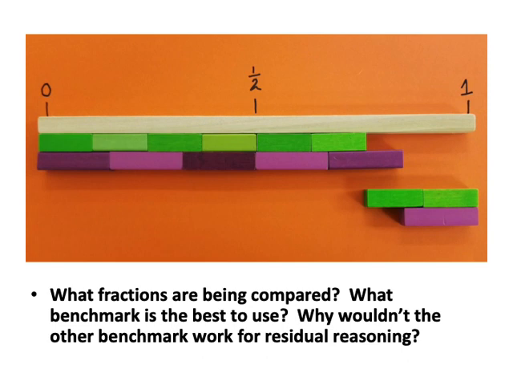If we use the benchmark of 1/2, we're comparing the residual of 2 unit fractions to 2 unit fractions. So 6/8 is 2/8 greater than 1/2, and 5/6 is 2/6 greater than 1/2. Well, 2/6 is greater than 2/8. Therefore, 5/6 is further to the right of 1/2 than 6/8 is. So 5/6 is greater than 6/8.